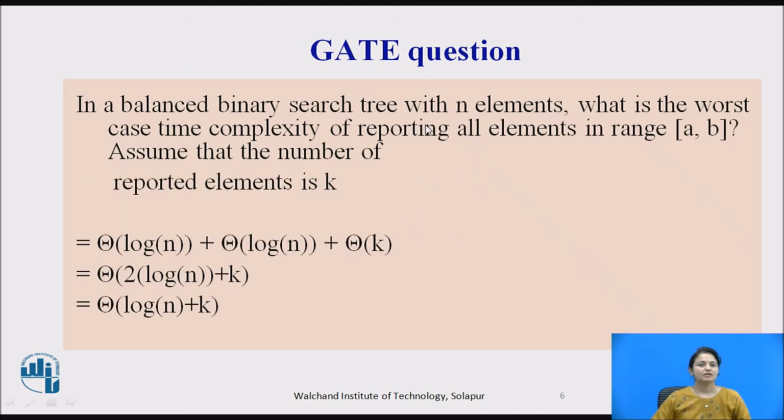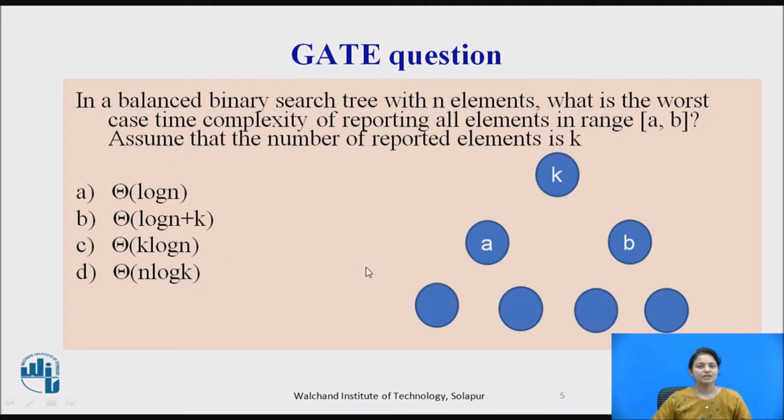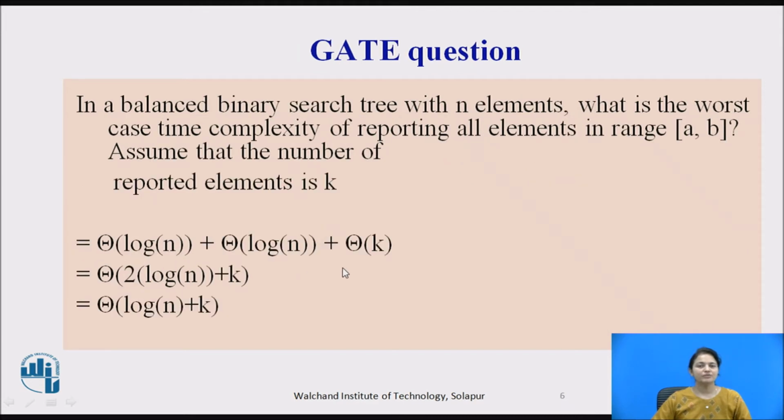So we go for the calculation: big O log n for searching A, big O log n for searching B, and then the visited nodes. From A to B, I have to go through these k elements. If A is here, then to reach B I have to cross this node and then this. The in-between nodes are mentioned here.